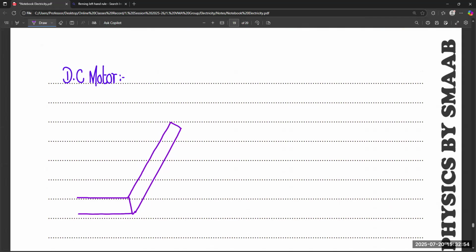You can also place it on the right hand side. It's your choice.